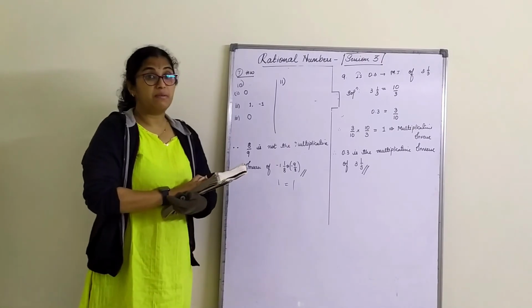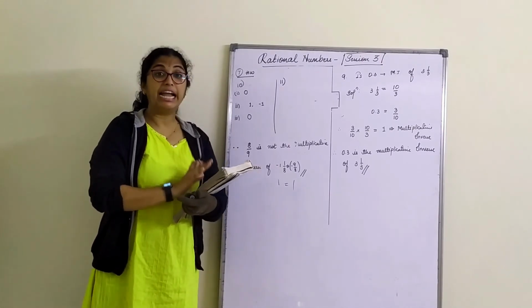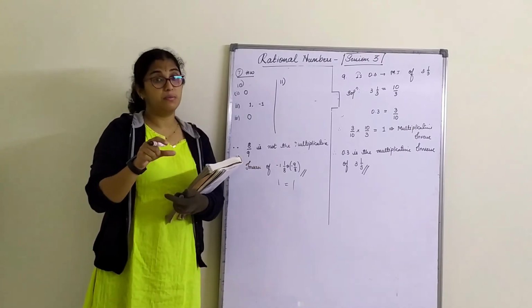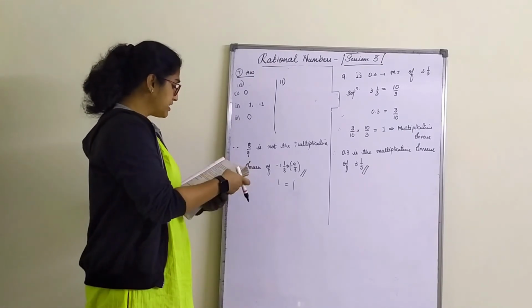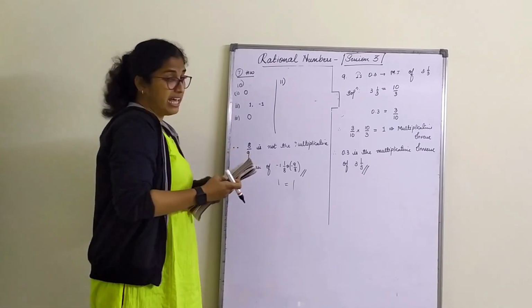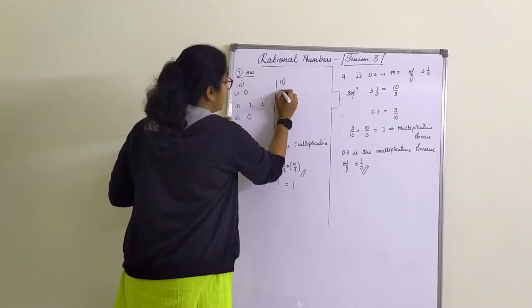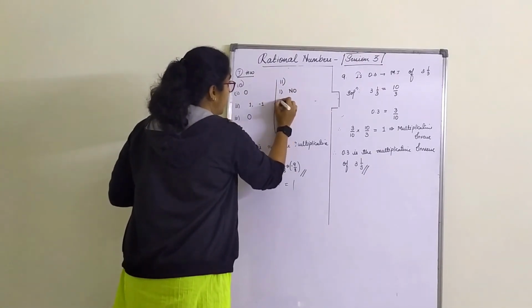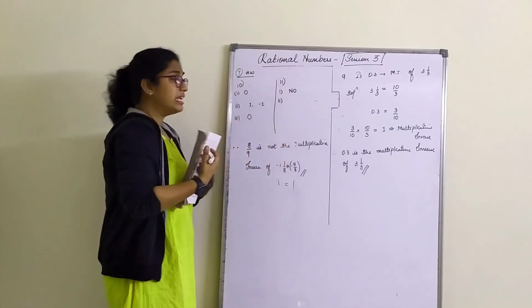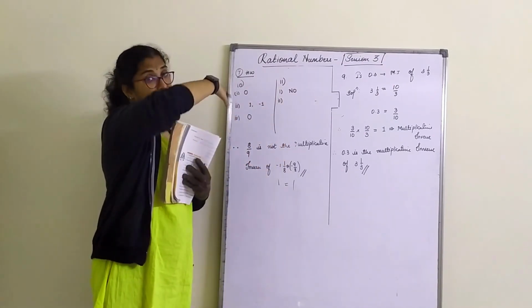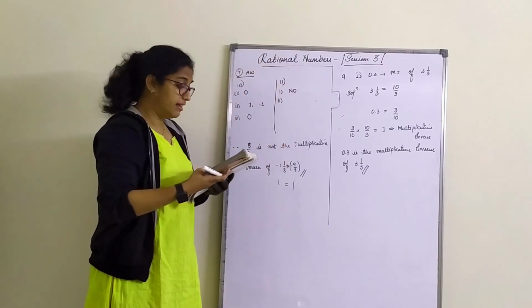So, given the fill in the blanks, please mark it and you have to write this in the book. Fill in the blanks, the first one: 0 has no reciprocal. So the 11th one, that is first, is 0 has no reciprocal. It is the same repetition of the 10th one.